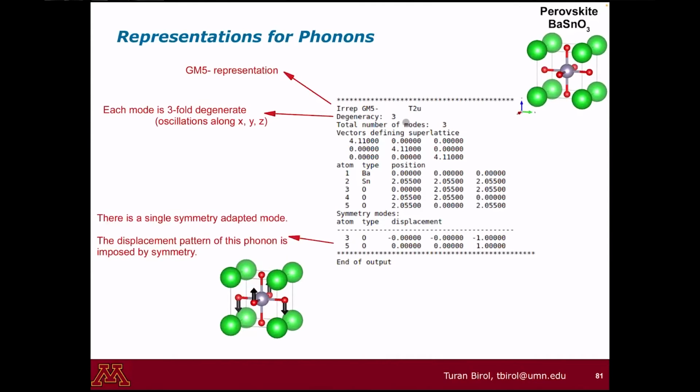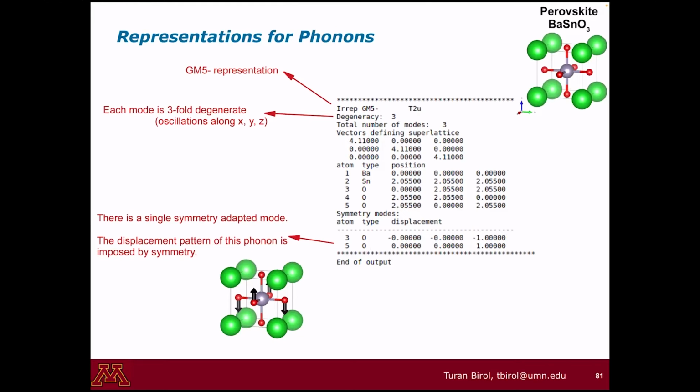So the degeneracy is 3 and the total number is 3. And then there is only 1 symmetry adapted displacement. This tells me, S modes, which doesn't know about DFT, it didn't do a calculation on barium stanate itself, it doesn't know the electronic structure, it doesn't know the force constant, but it says that there will be this one phonon which only involves the displacements of 2 oxygens in opposite directions.